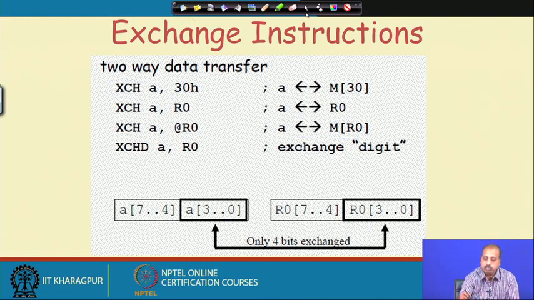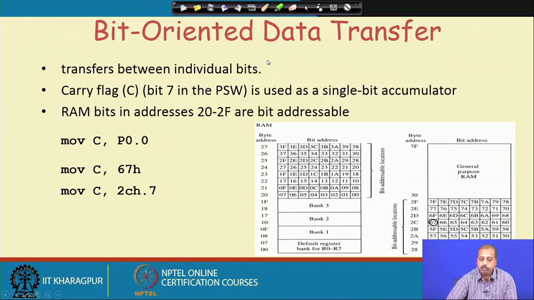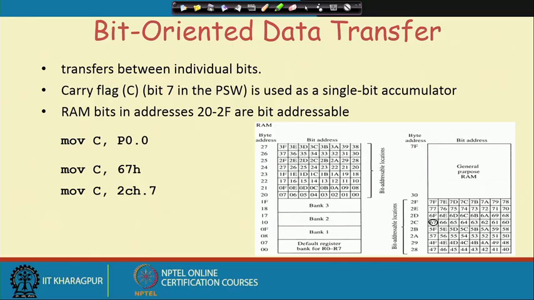Next we will look into bit oriented data transfer. This is a very powerful feature that the 8051 microcontroller has, and most microcontrollers have this bit addressability. It makes it powerful because many times we have to set different bits in a different fashion.